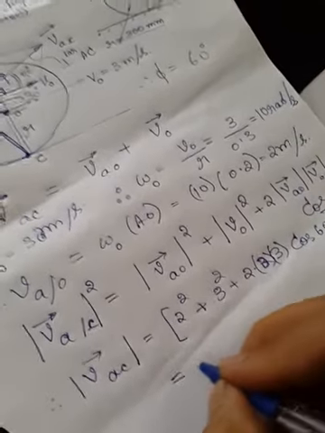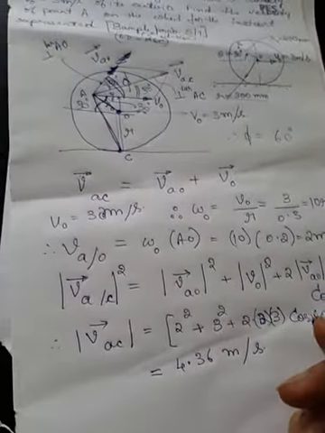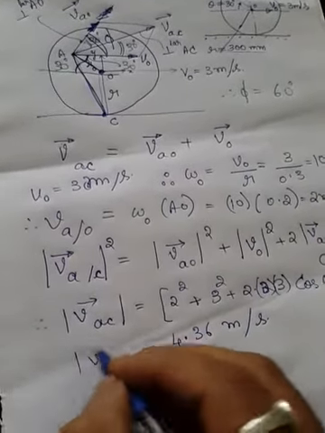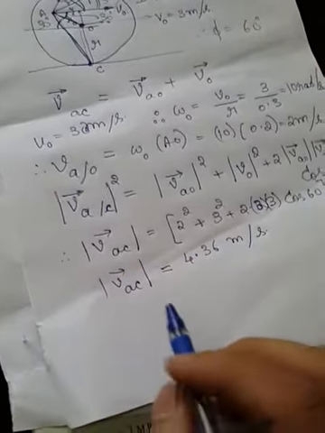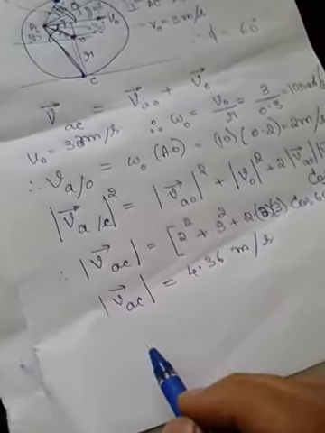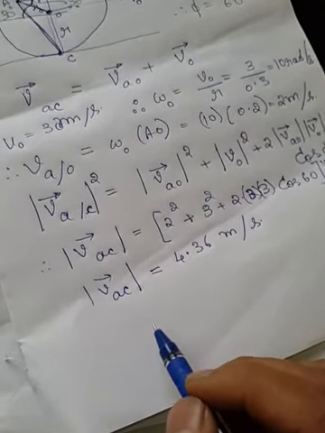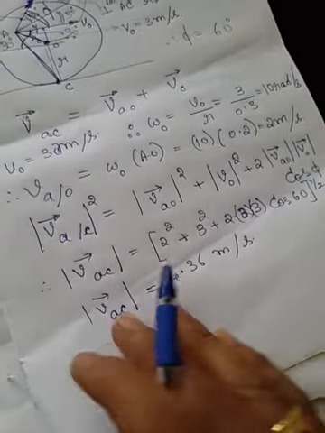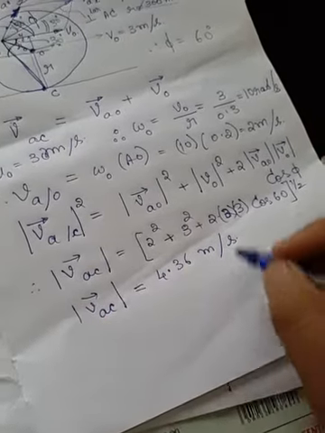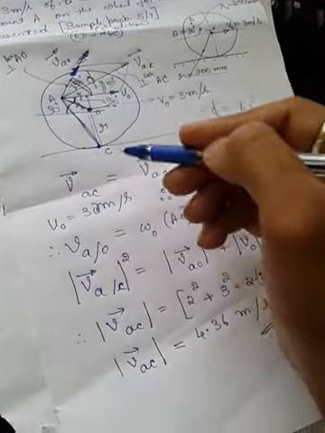This comes out to be 4.36 meters per second. Now I have the value of VAC. This represents the velocity of point A about C.